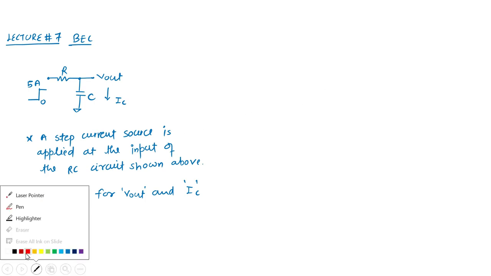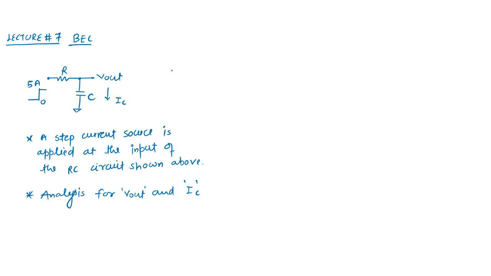The input excitation is changed to a current. Instead of using a voltage input, I am considering a current input, changing from 0 to 5 amps.